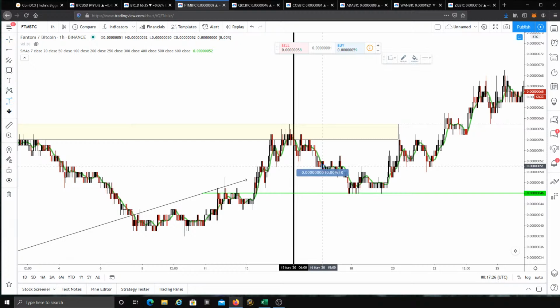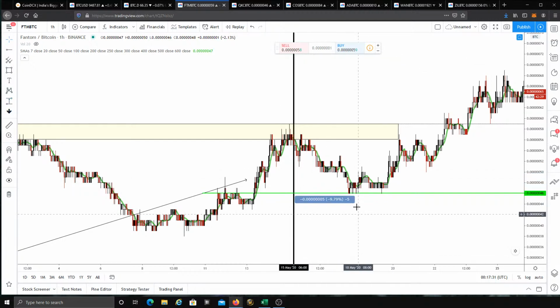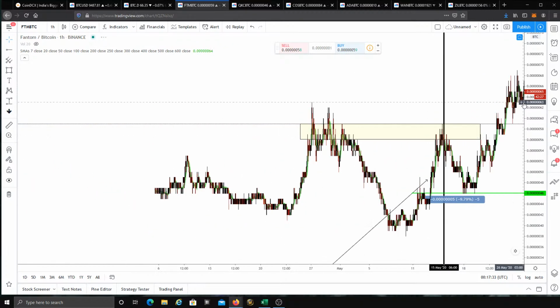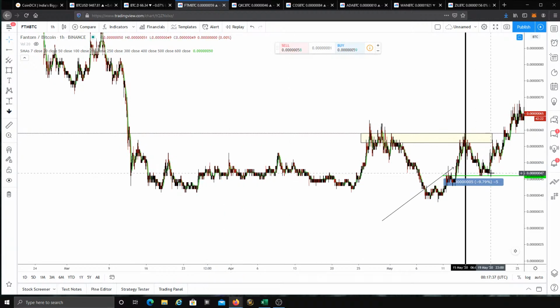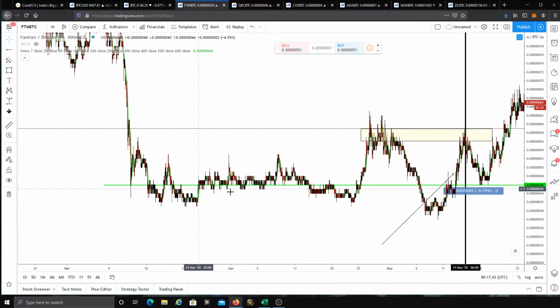Okay, so I sold at 51, and yeah, it did dip 9% more, but if you look at that overall structure, it did not break that support. So I could have held that loss a little bit longer.